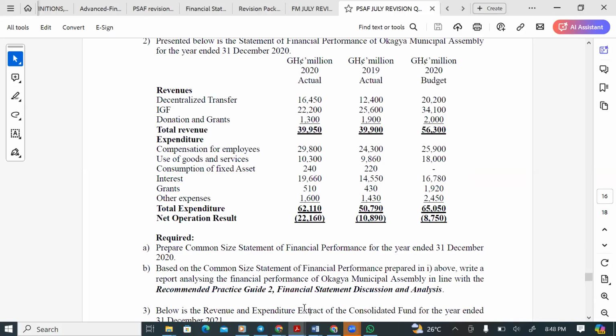So we have the decentralized transfer. We are writing this report for the current year, which is 2020.